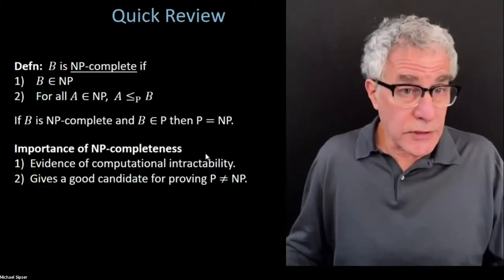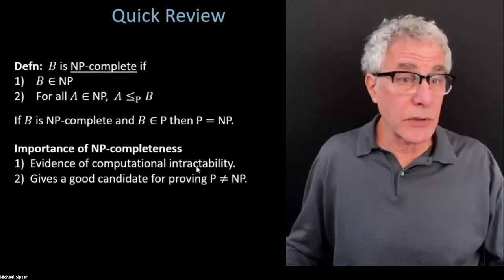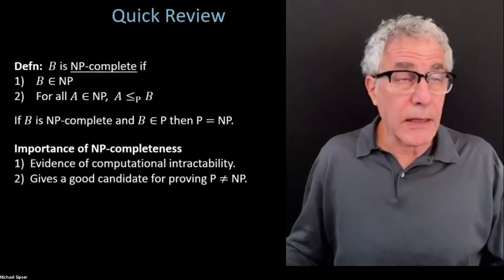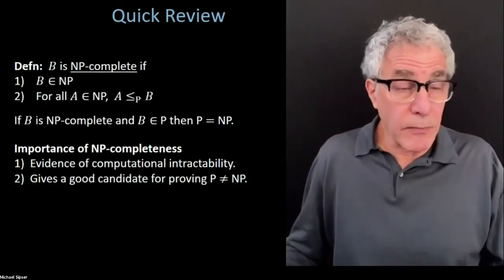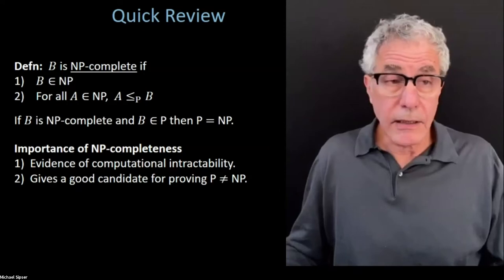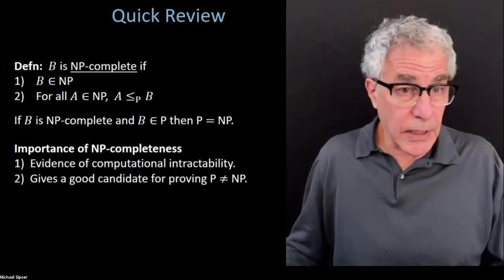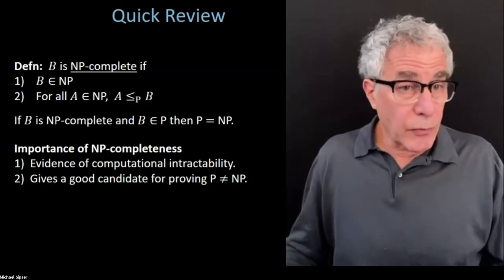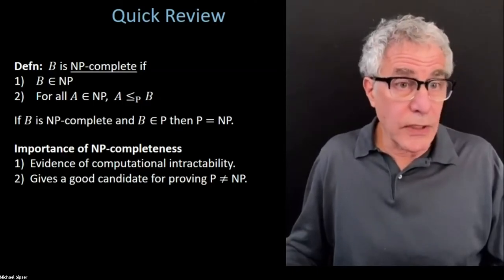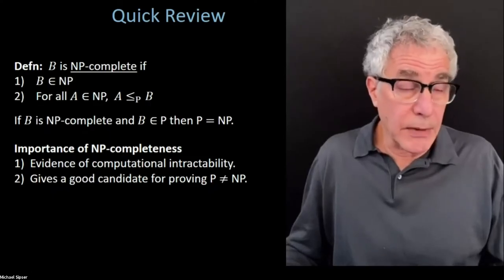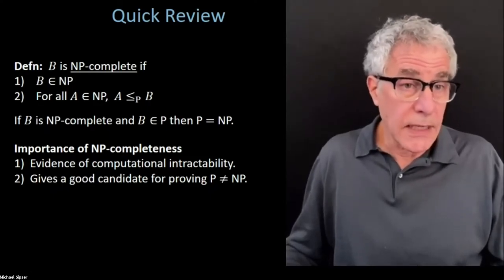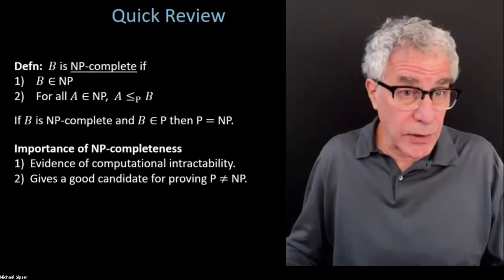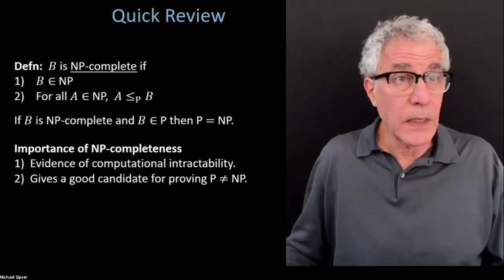That's part of the importance of NP completeness, because since we consider it unlikely that P equals NP, and that there probably are some problems that are in NP but are not solvable in polynomial time, that would imply that an NP complete problem would have that property. And so proving a problem is NP complete is very strong evidence that it doesn't have a polynomial time solution, and therefore we call it intractable. It's a very difficult problem.